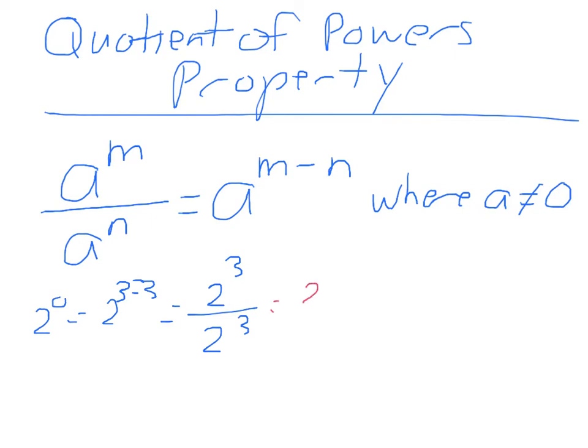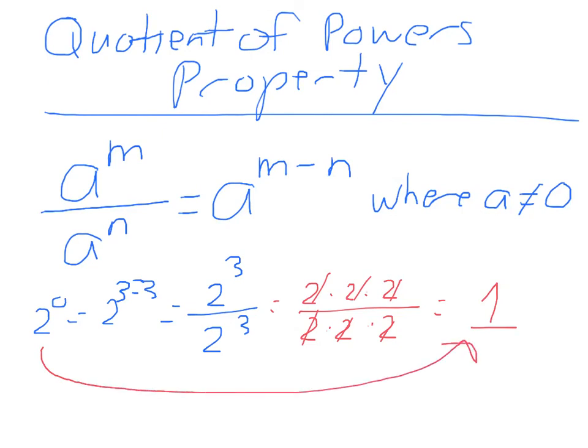If I did this, I would have 2 times 2 times 2 over 2 times 2 times 2. Well, don't all those 2's cancel out, leaving me with 1? Hence, 2 to the 0 has to equal 1. Kind of interesting, huh?